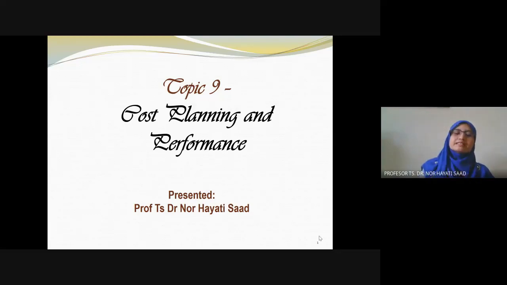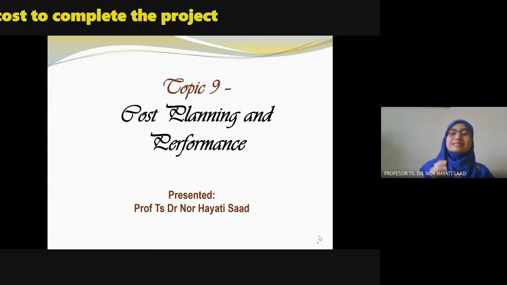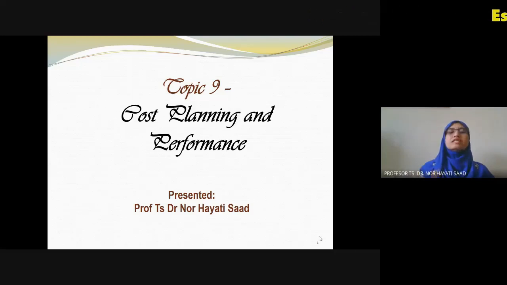And when we enter that cost in detail, we want to estimate how much the cost is for every single cost that we need to use to complete the project. At the same time, what is the cost baseline, so that if we go beyond the cost baseline, it will affect the profit, the margin of the project.